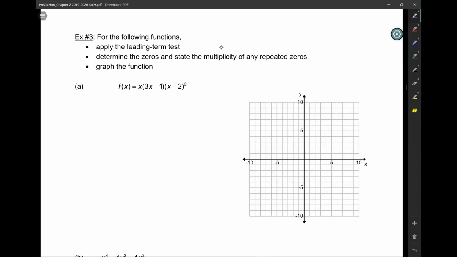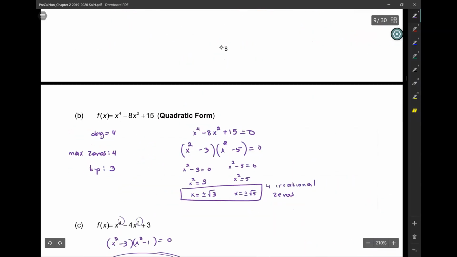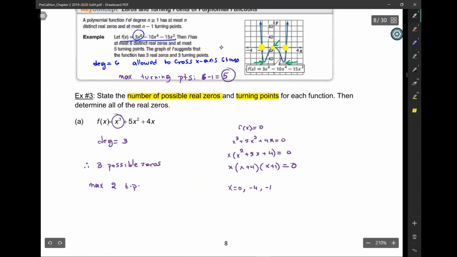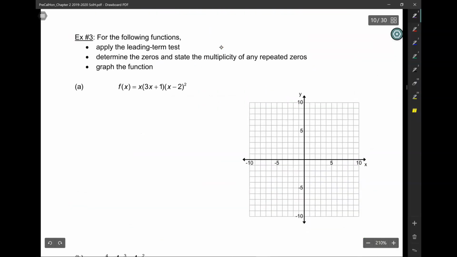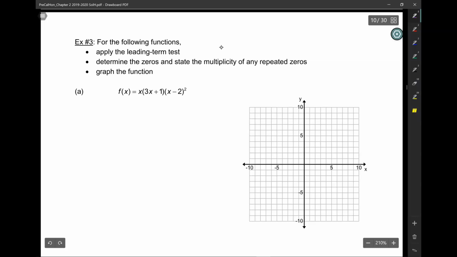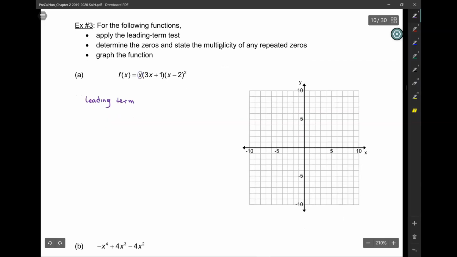But now, for the leading term, you know how we would take like x cubed or 3x to the 6? If it's factored like this, I take the leading term of each parenthesis. So I take the x, the 3x, and the x squared.